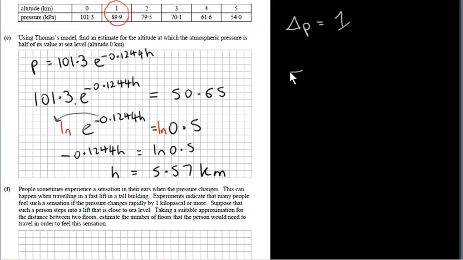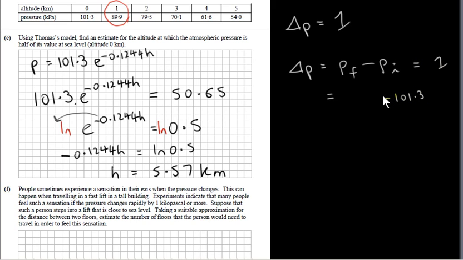So we could write delta P, the difference in the pressure, as PF, which stands for final pressure, minus PI, which stands for initial pressure. The difference in these pressures must be 1. So the initial pressure is 101.3. That's the pressure at sea level.